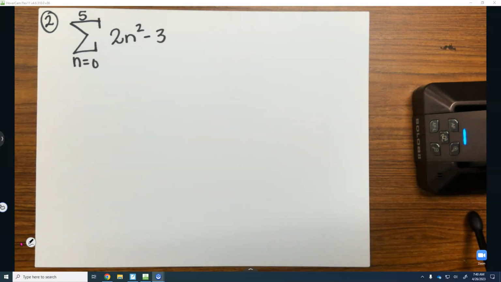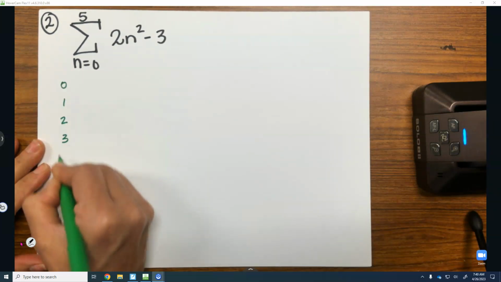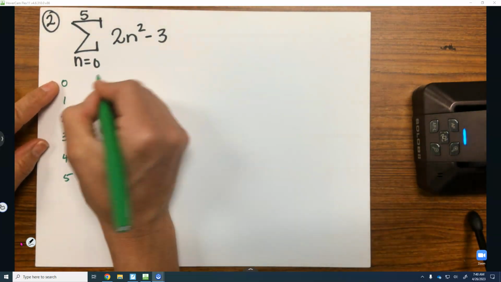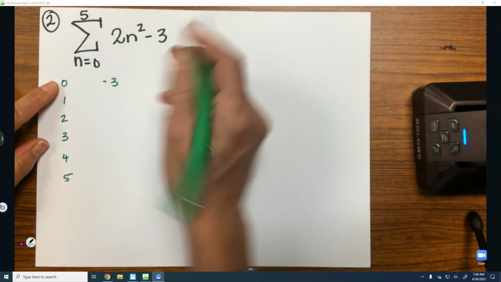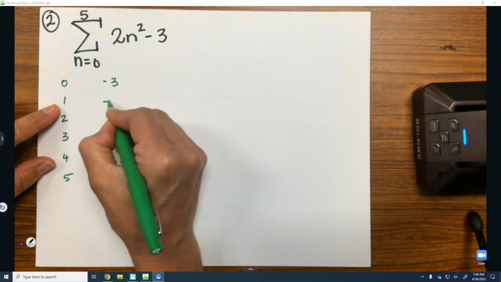So for this one, guys, we're going to add up the first 5 terms, but we're going to start with the 0 place. So we're going to plug in 0, 1, 2, 3, 4, 5. So of course, when I plug in a 0, it's just going to be a negative 3. When we plug in a 1, that's going to be a negative 1.